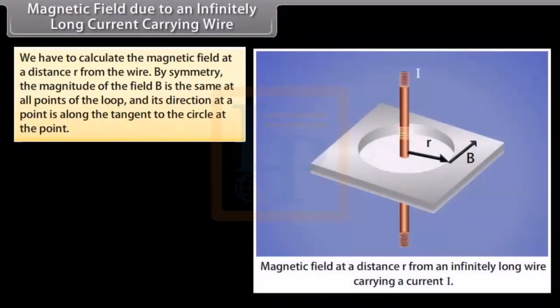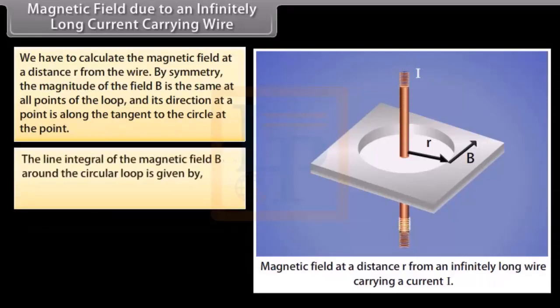Magnetic field due to an infinitely long current-carrying wire. We have to calculate the magnetic field at a distance r from the wire. By symmetry, the magnitude of the field B is the same at all points of the loop and its direction at a point is along the tangent to the circle at that point.